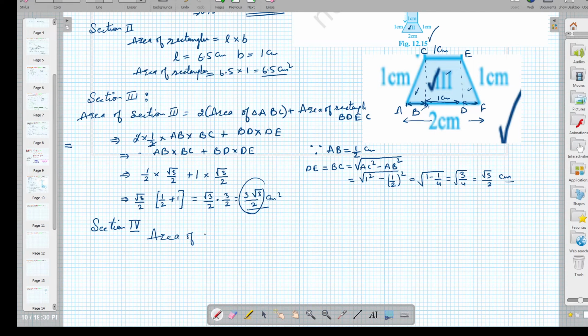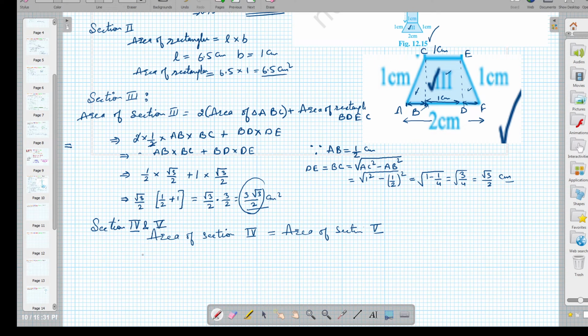Since sections 4 and 5 are equal, we can directly deal with the area of 4 and 5.